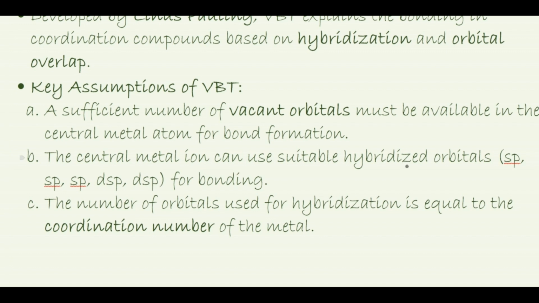And the central metal ion can use suitable hybridized orbitals like sp, sp2, sp3, dsp2 and dsp3 for the bonding. The number of orbitals used for the hybridization is equal to the coordination number of the metal.